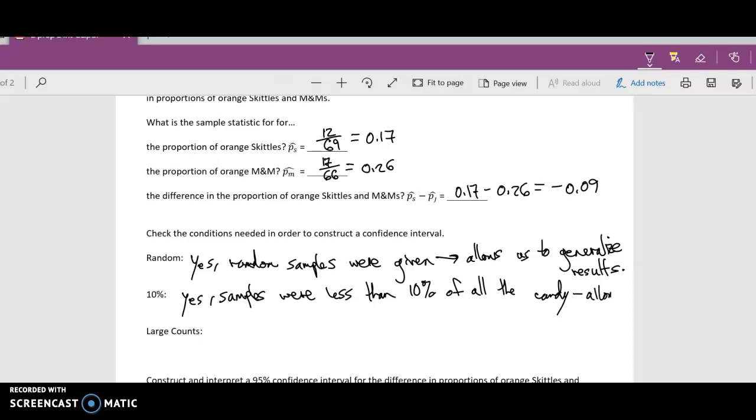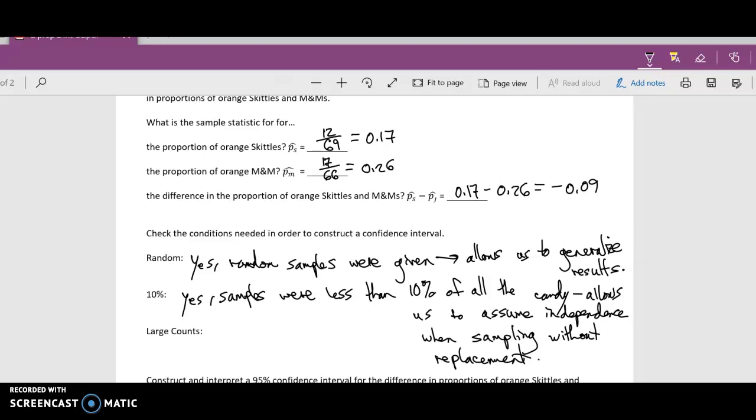This allows us to assume independence when sampling, kind of a mouthful, without replacement. So as long as our sample is not too big, as long as it's less than 10% of all the candy, then when we pull a sample without replacing, we still have independence.